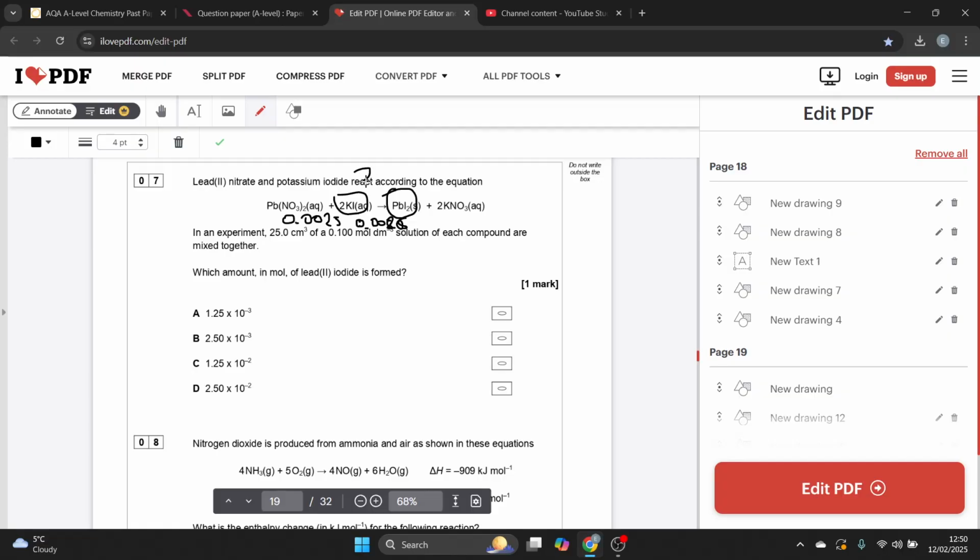So it's a 2 to 1 mole ratio, so I divide that by 2. 0.0025 divided by 2 gives 1.25 times by 10 to the power minus 3. Therefore the answer must be A.